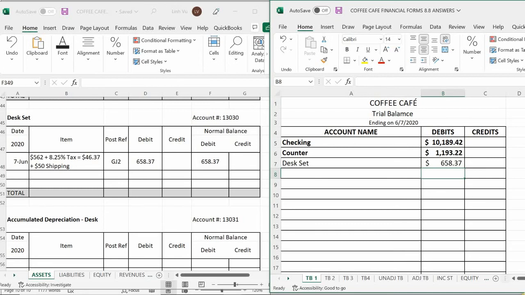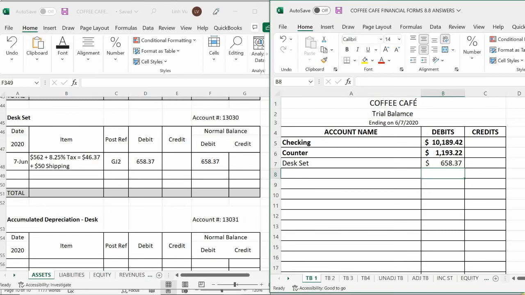But your trial balance, you don't need to write it out word for word. If I wanted a desk, I could just put desk. Again, if I want checking, I could just put check. I don't need to have word for word in my trial balance because I'm only using the trial balance to test whether I did my accounting correctly. Did I put all my debits in the correct spots? Did I put all my credits in the correct spots?